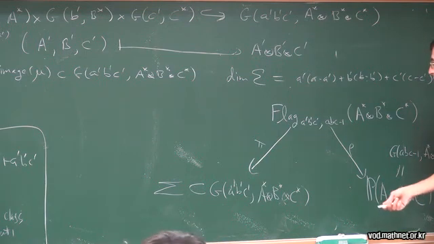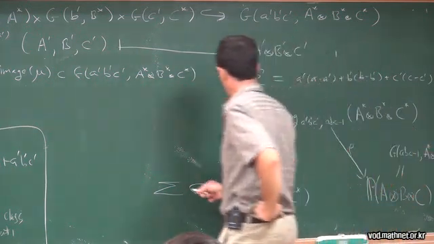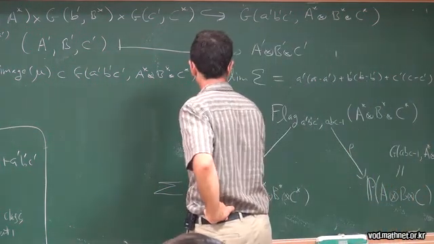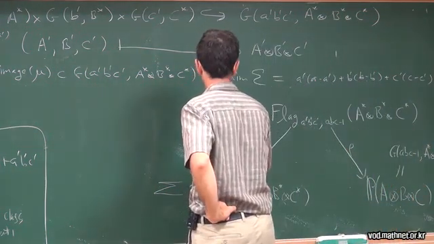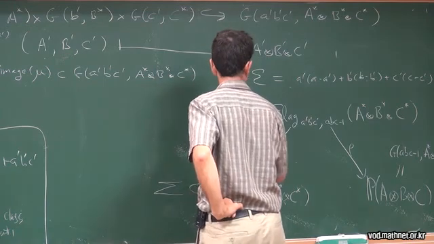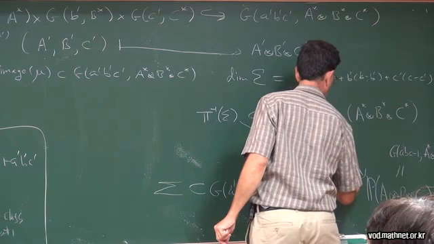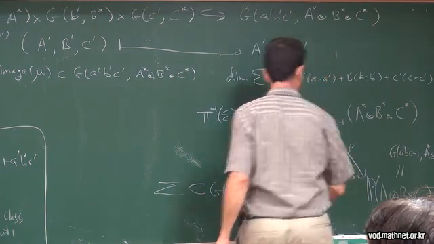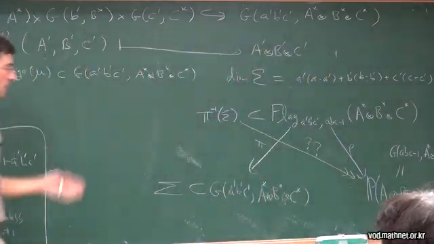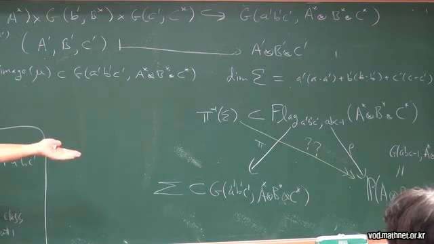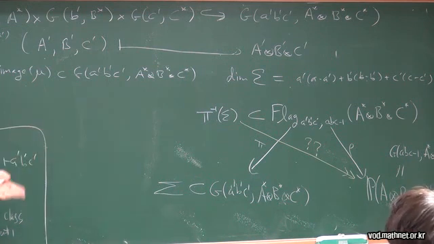So we look at pi inverse of sigma contained in here, and we want to know when this surjects onto this space. Because if, when we project it down, it surjects, then the condition is vacuous.